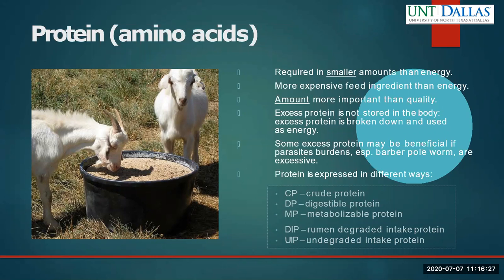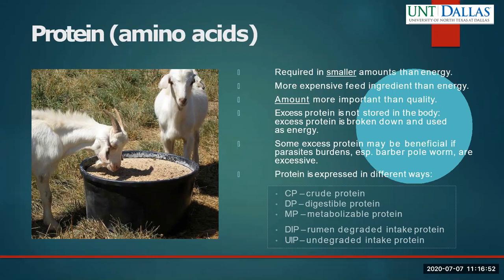Although proteins are required in smaller amounts than energy, they are a more expensive feed ingredient than energy. So amount is more important than quality. Also, excess protein is not stored in the body. Excess protein is broken down and used as energy. Some excess protein may be beneficial if parasite burdens, or barber pole worm, are excessive.